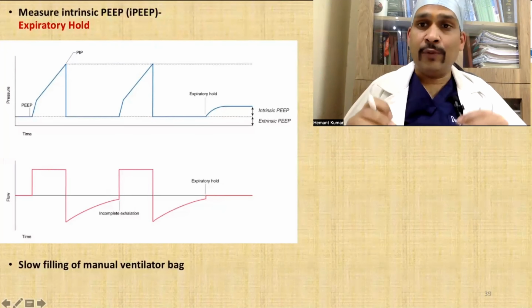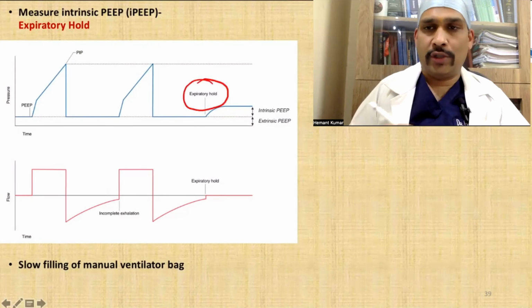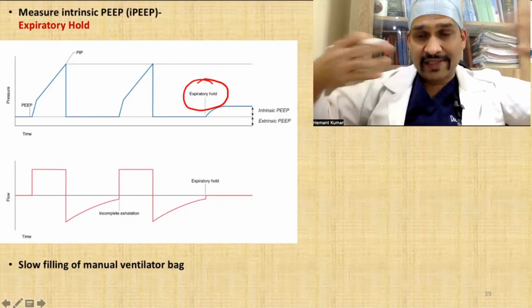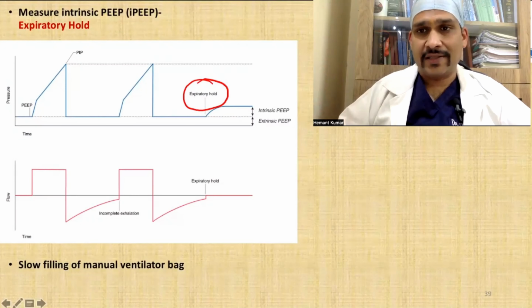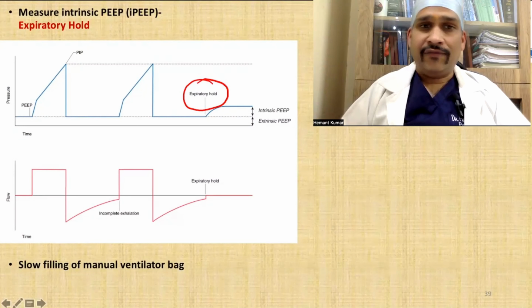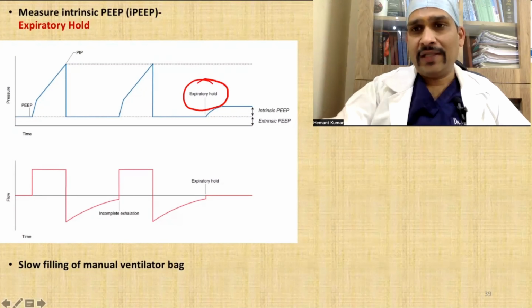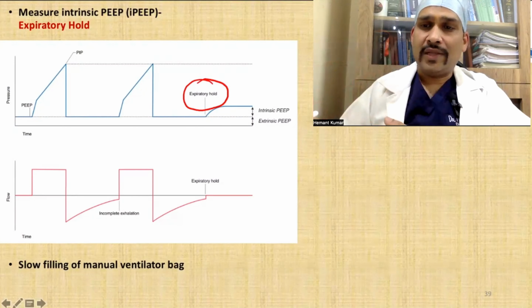auto-PEEP. One more thing we can do is expiratory hold. Meaning when the patient has inhaled, then exhaled, after the exhalation or expiratory phase, at the end, we will do an expiratory hold. So what will happen? The pressure inside the alveoli becomes equal to the expiratory limb.